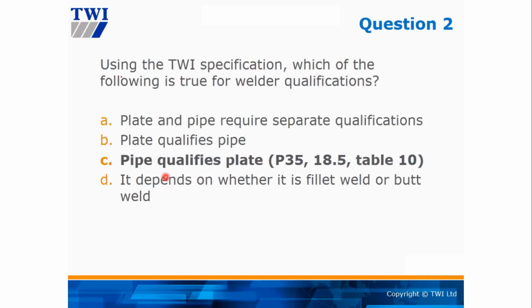Using the spec, which of the following is true for welder? So this one we refer to the WQT, welder test. For the welder test, look at page 35, table 10.